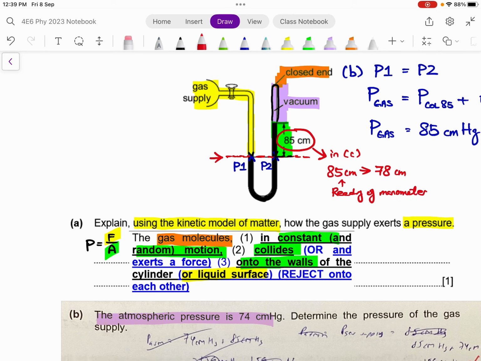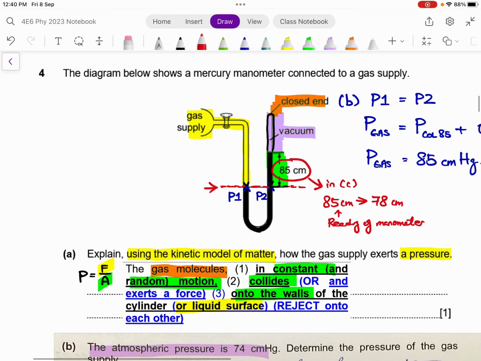If you do not know this, you will fall into a trap. You will feel, I don't know what is going on. We also know that now in C, there is going to be pressure over here, inside this space.